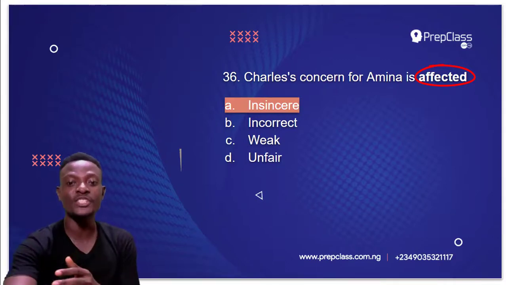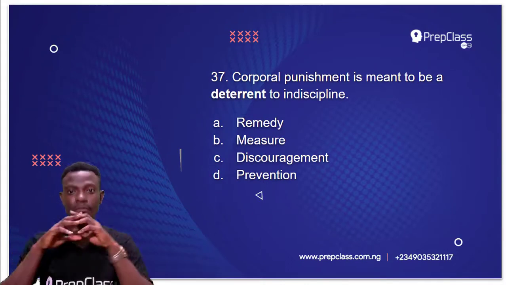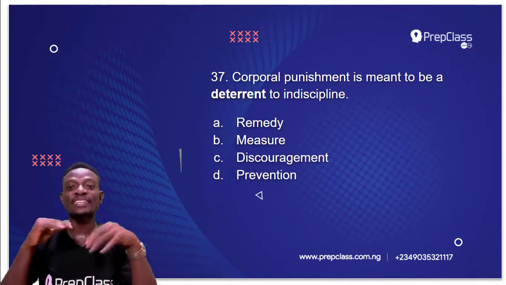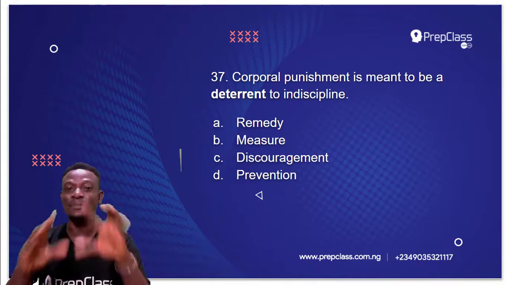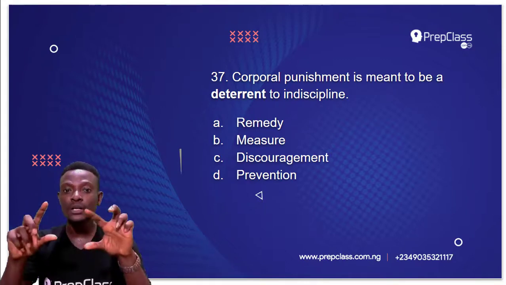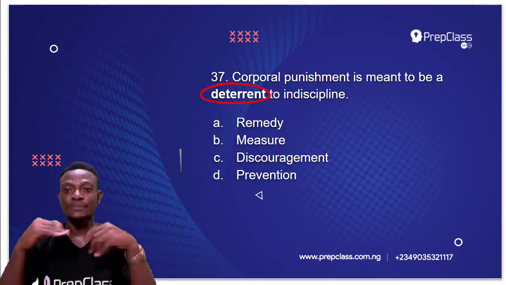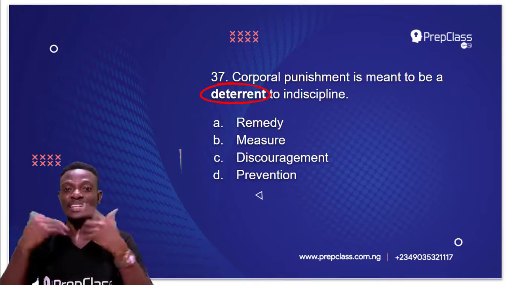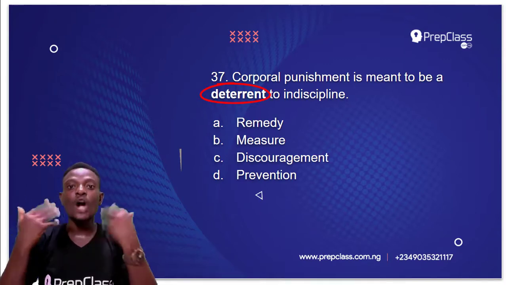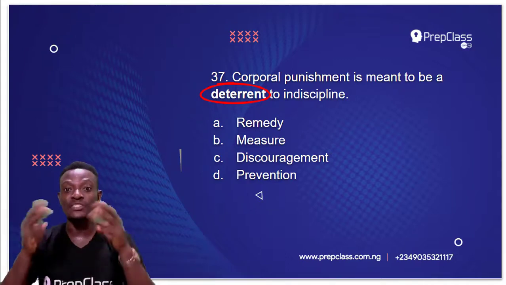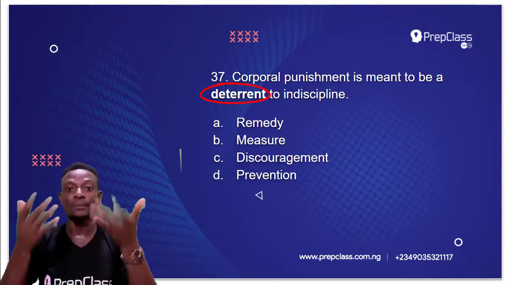Moving on to the next question, question 37. Remember, we have to select the option that is nearest in meaning to the word in bold. Question 37 reads, corporal punishment is meant to be a deterrent to indiscipline. The word in bold is deterrent.